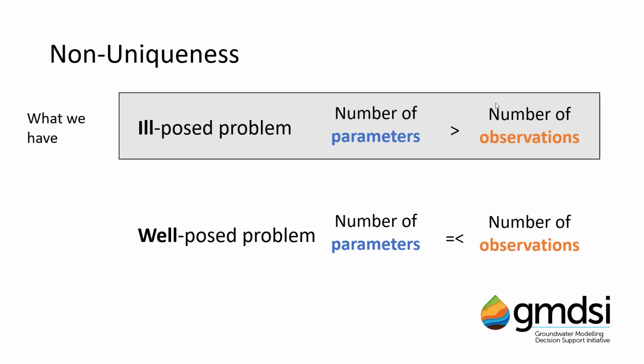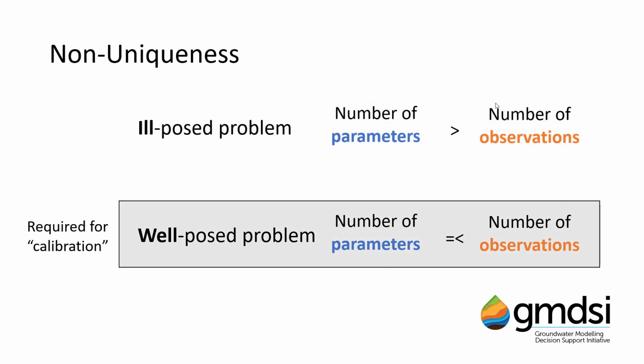This is what is called an ill-posed problem, and why groundwater models are fundamentally non-unique, meaning that there are many combinations of parameters, all of which may explain observed data equally well, and therefore can never be uniquely estimated based on field measurements of state alone. A well-posed problem is one that has a single unique solution.